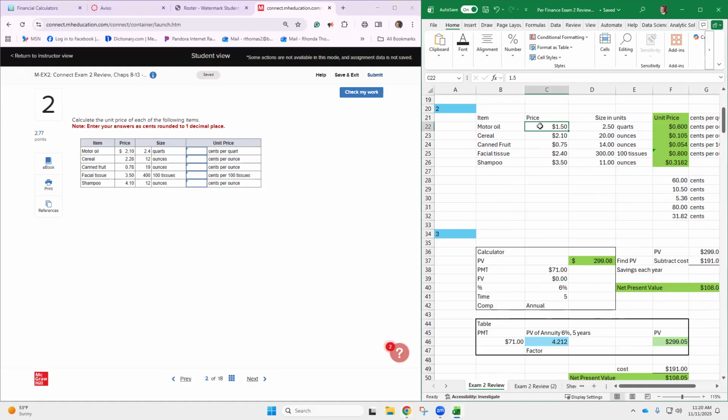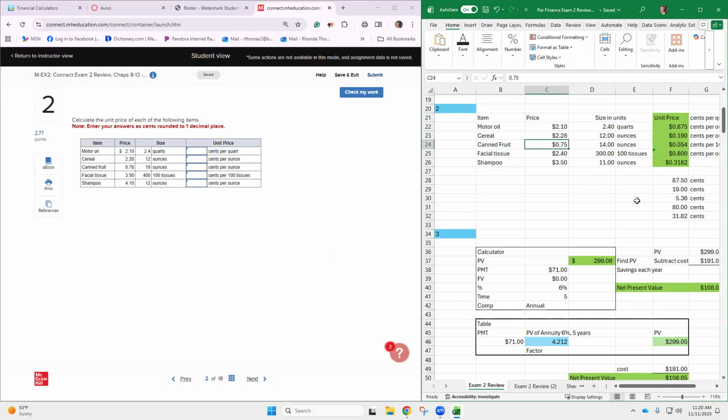So for the first one I have, my motor oil is $2.10. Okay, and the size is 2.4 quarts. Okay, 228. So you would take the price of the item and divide it by how many units of measure, right? Units of measure, quart, an ounce, per 100 tissues.